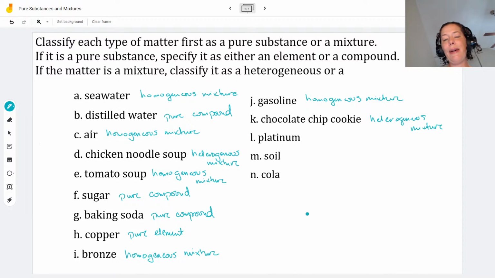L, platinum. Okay, so this one is something that you do find on the periodic table, so that kind of gives it away. You might have some platinum jewelry. So platinum is a pure substance, and it is one type of atom. So it is going to be a pure element.